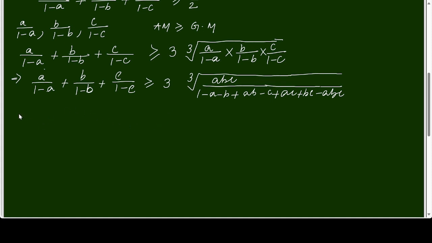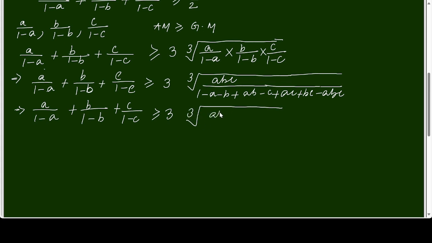So in the next step, we'll simplify the denominator of the right hand side. Greater than or equal to 3 multiplied by the cube root of abc over.